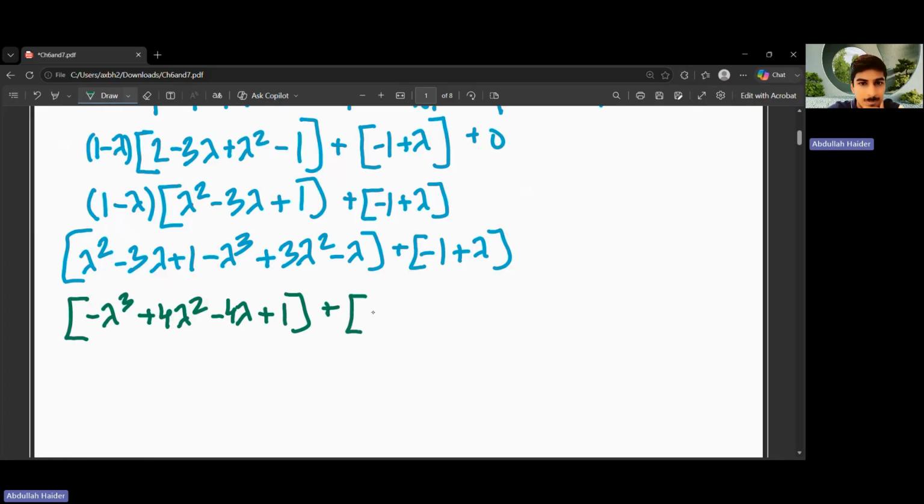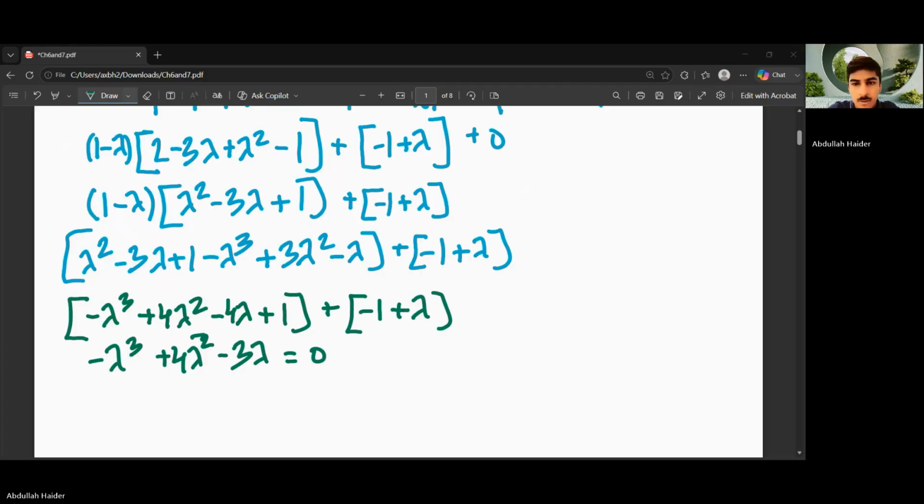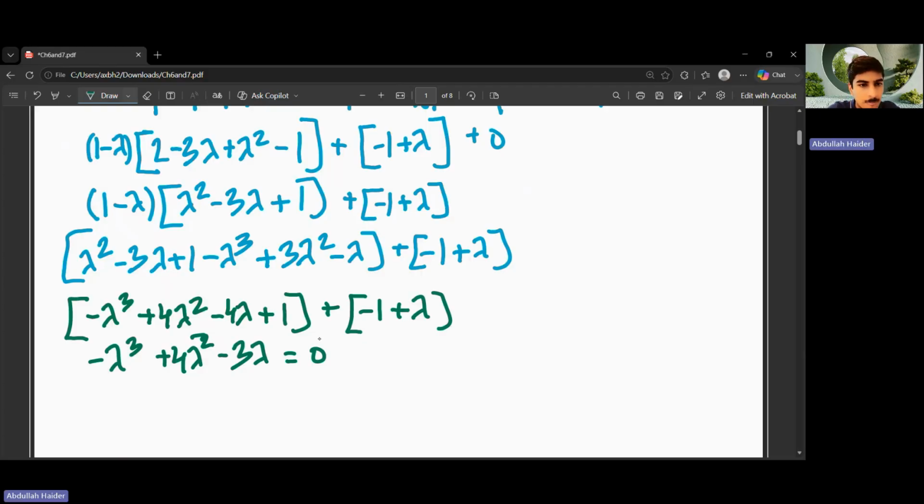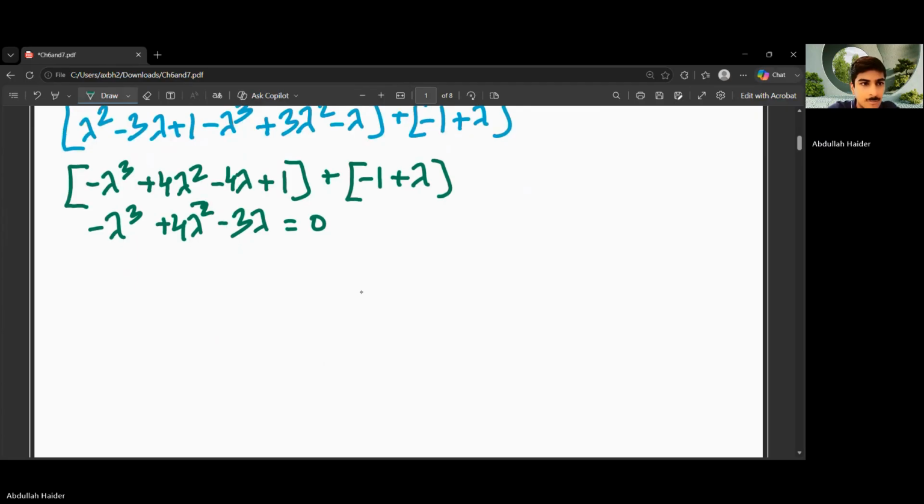And this is added by -1 plus lambda. So now we get minus 3 lambda plus 4 lambda minus 4 plus 1 minus this is square minus 3 lambda is equals to 0. So we can factor this out. We can factor out lambda: minus lambda squared plus 4 lambda minus 3 is equals to 0.